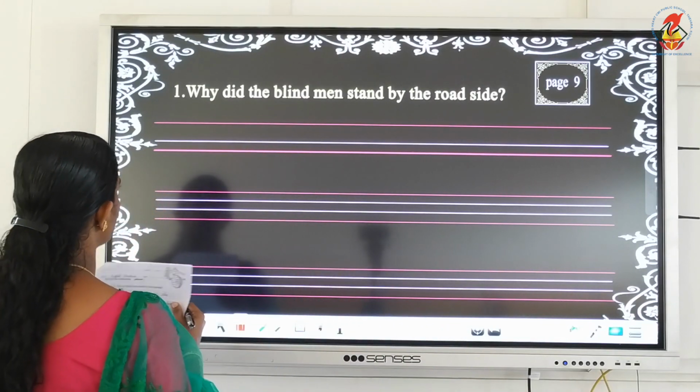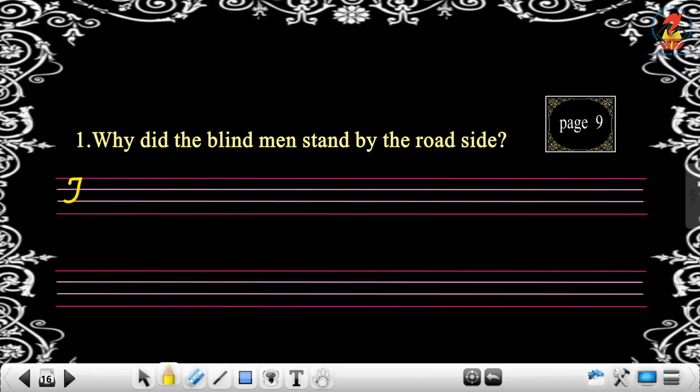Now, let's put these into the 4 lines. The blind men, B-L-I-N-D, blind men, M-E-N, men, stood by the, S-T-O-O-D, stood by the, B-Y, by the, T-H-E, the roadside.